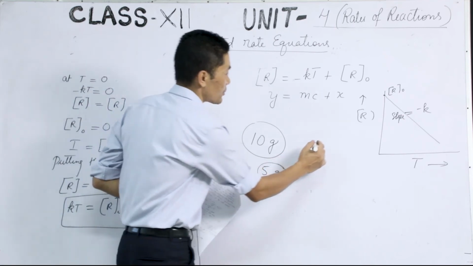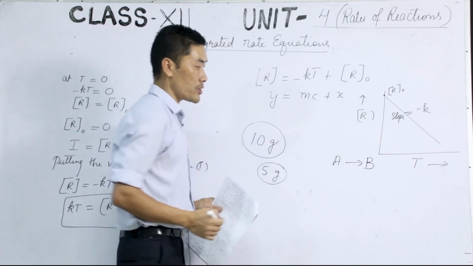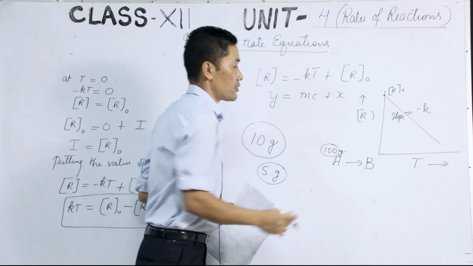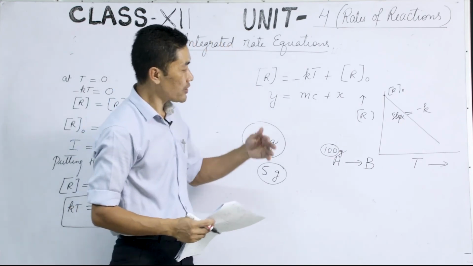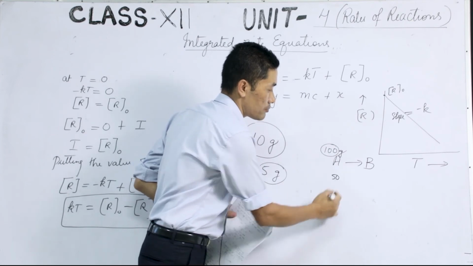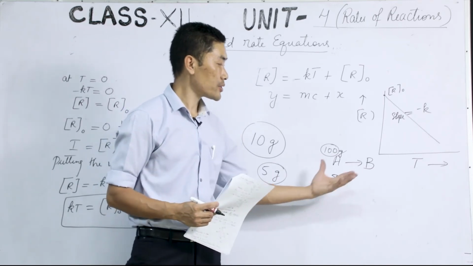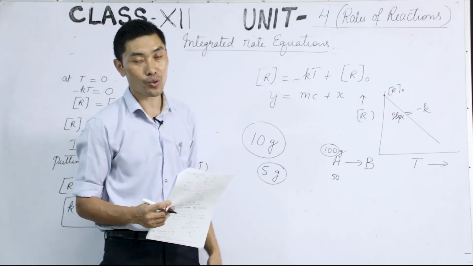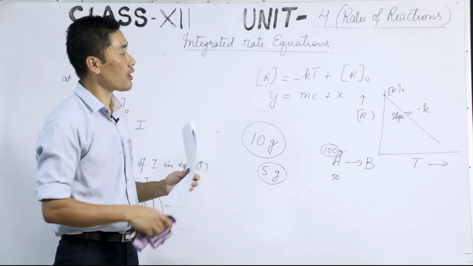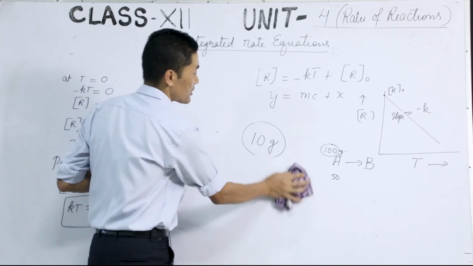Similarly, if we start a reaction in which A turns into B, initially we take 100 gram of A. The time period in which this 100 gram of A turns to 50 gram, half, that time period will be called the half-life period for this reaction also. So once again, half-life is the time period in which half of the reactant gets used up, or half of the reaction gets completed.